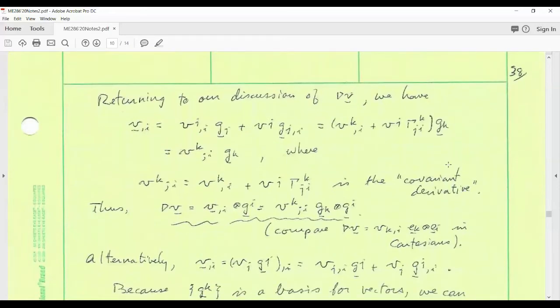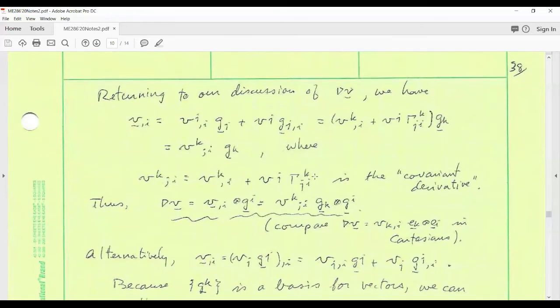Let's go back to our discussion of the gradient of V in our Euclidean space. We arrived at this point. Now we can represent these derivatives of the g's in terms of the connection coefficients. Relabel the summation index from j to k so that I can group the terms together in a parenthesis. In this parenthesis, to save writing, I'll simply use a different notation: V super k semicolon I. And that's simply defined to be the parenthesis.